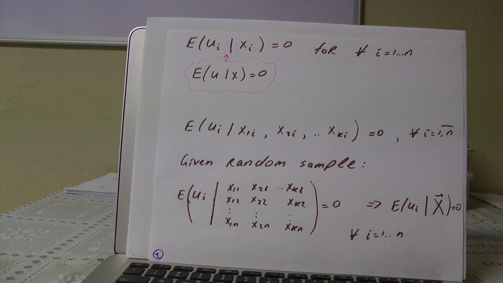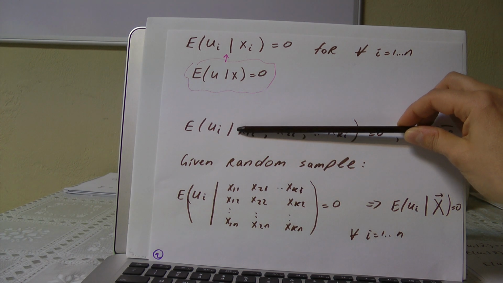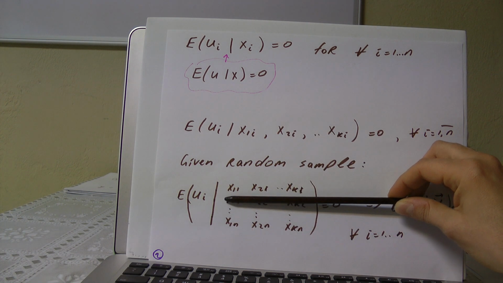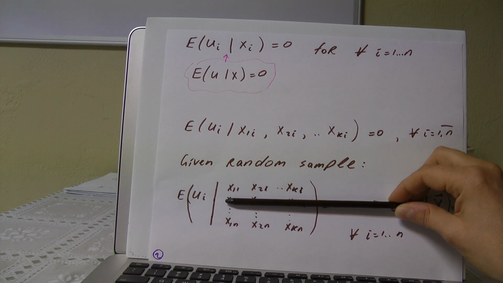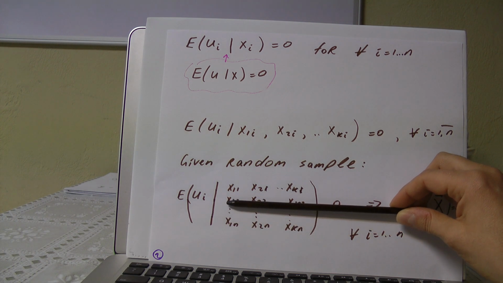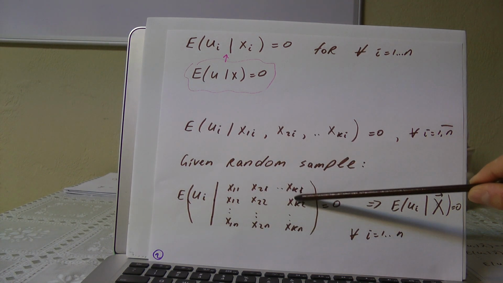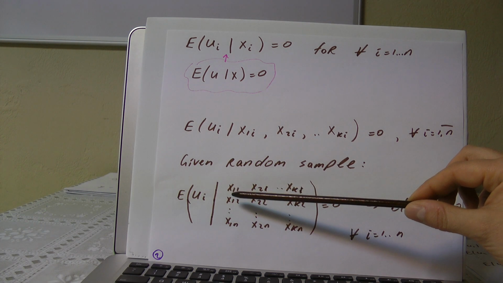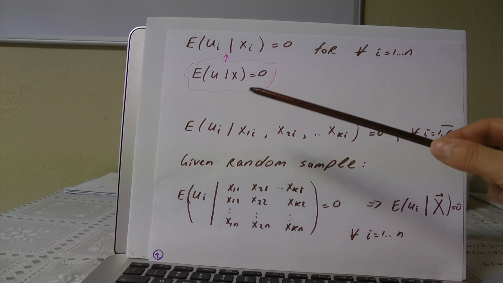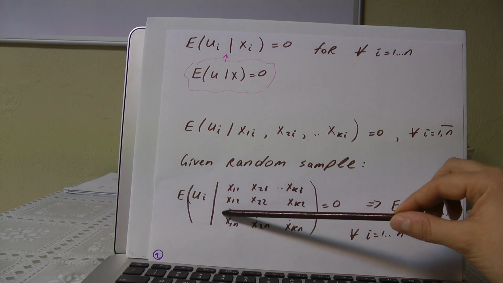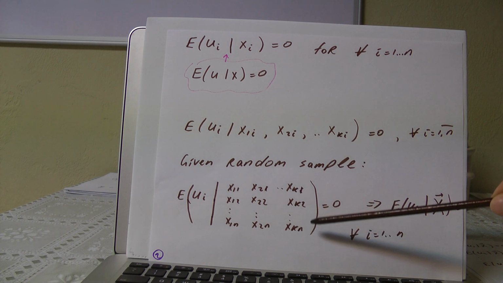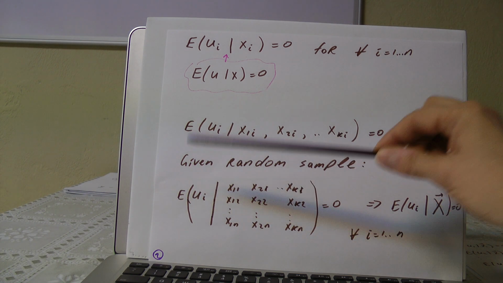Given we have a random sample, conditioning on other data would not change anything because these are irrelevant anyway. Whether they are known or not known, this will not change. So in the conditioning here, you can always put in any constants, which never change anything, or you can put in variables that are independent and irrelevant for this.